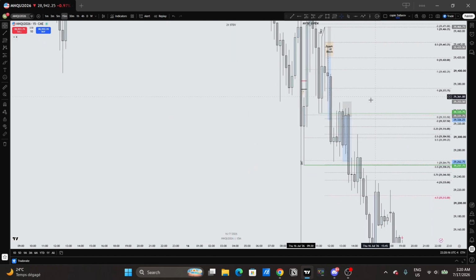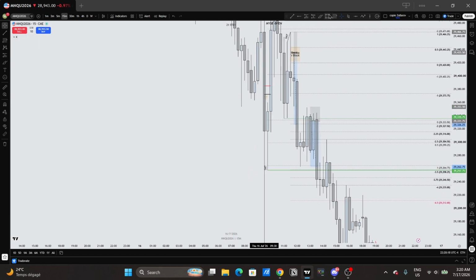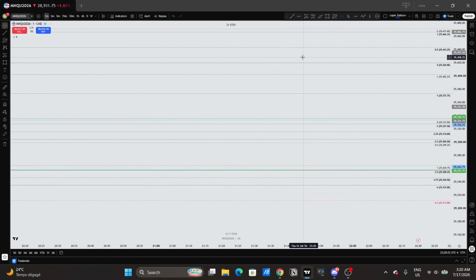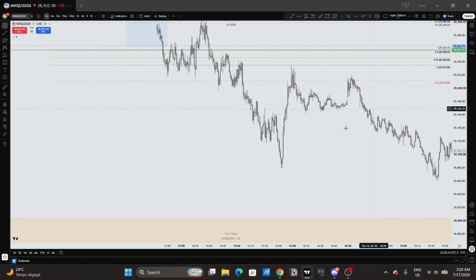So you can see here the second setup on the 15, we had this bearish fair value gap where we tapped the first time here and then we swept the high right here and we had this low that kept getting edged as my target.